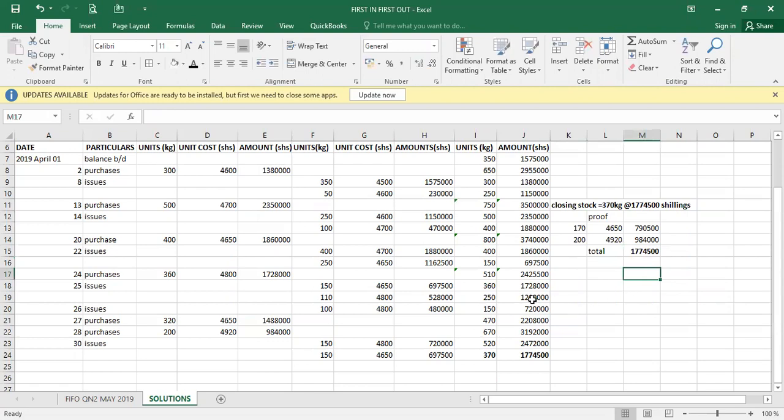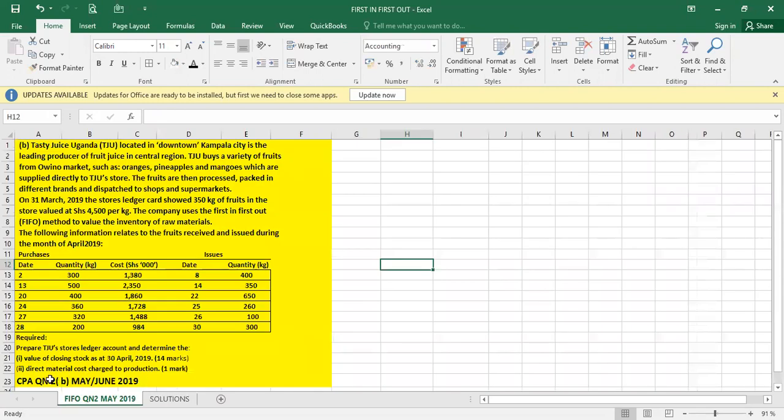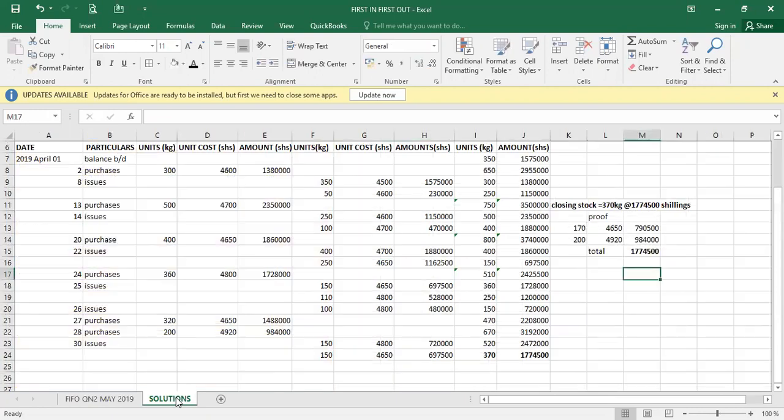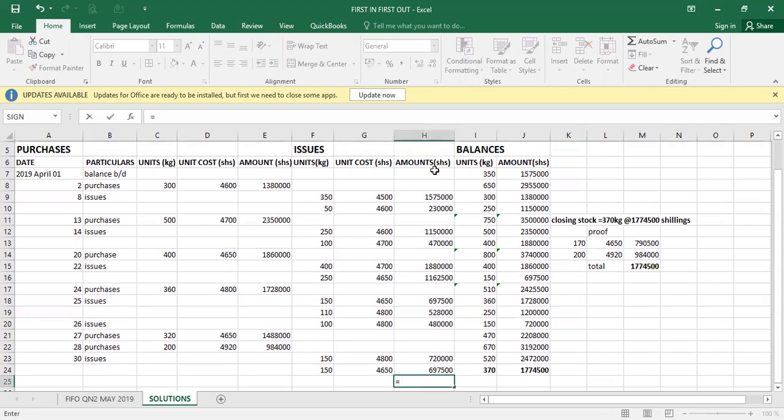So that's it. And the other preceding question asked us to get, this was given 1 mark, direct material cost charged to production. We said those are the ones we issued out. So we can come here and we say sum. If you're not summing, you can just say equal sign, we add it manually. This is our issues. These are our issues here. This one from here to here, this is our issues. So we want to get the total.